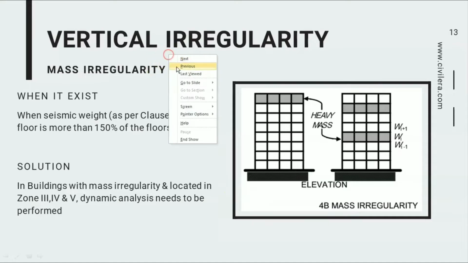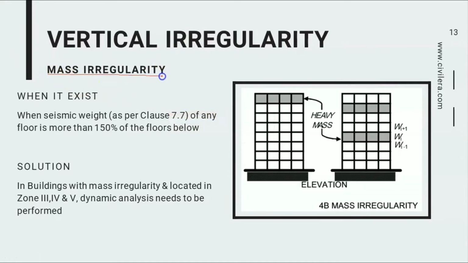Another vertical irregularity is mass irregularity. It is said to exist when the seismic weight as per clause 7.7 of any floor is more than 150% of the floor below. So this generally happens when you have larger weight in one floor and smaller weight in other floors.